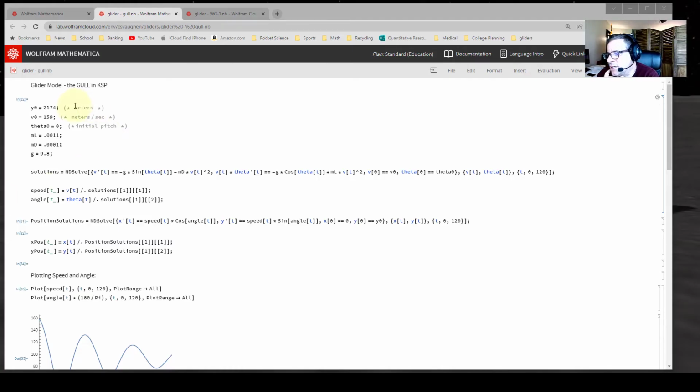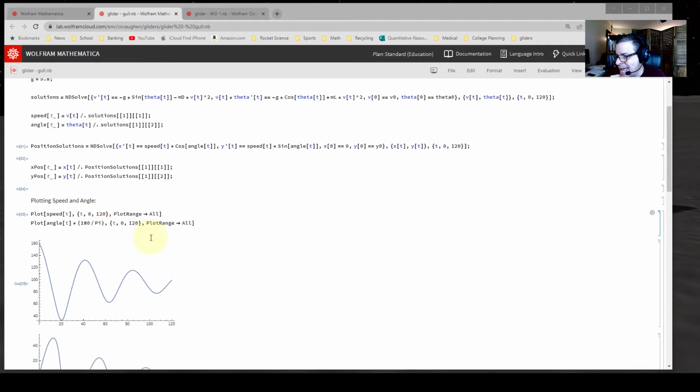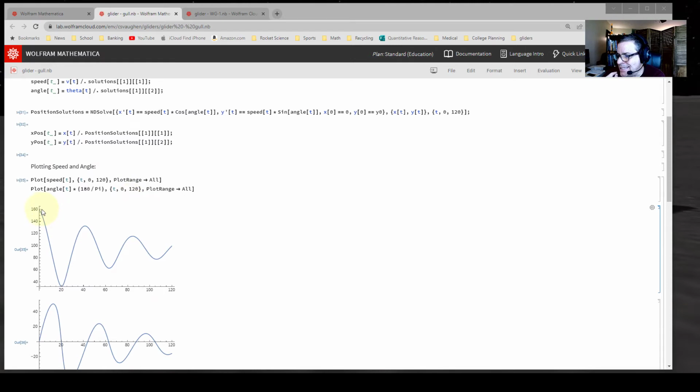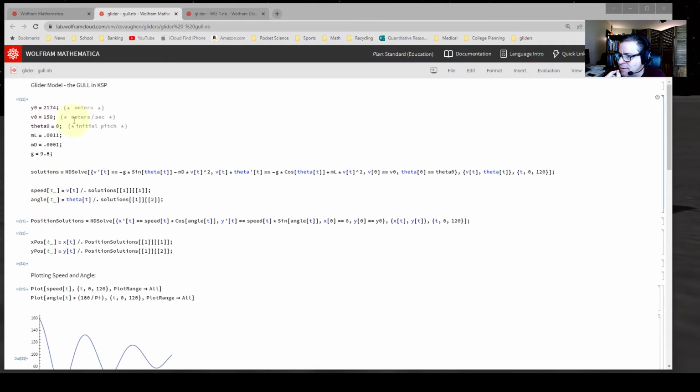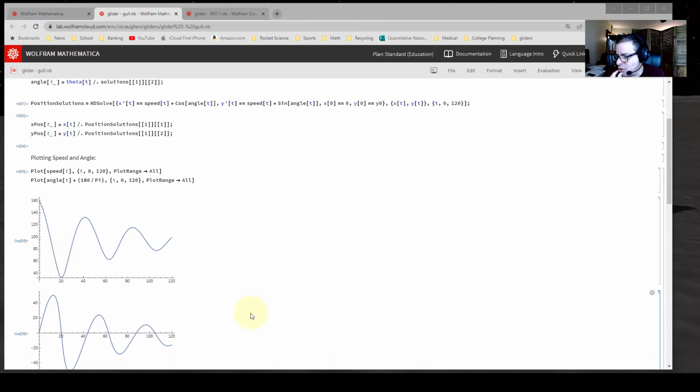So with those initial conditions, what does the computer find as a solution? We can plot the speed and angle over time and see that the speed begins at about 160 meters per second, that was the initial speed, drops off pretty quickly down to around 20 meters per second, jumps back up to roughly 130 and begins to oscillate around 100 meters per second.